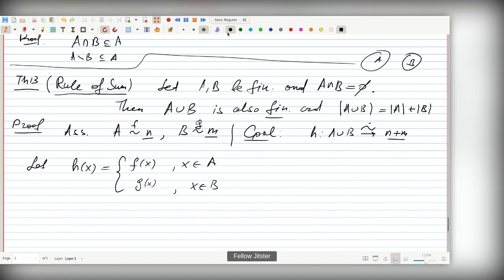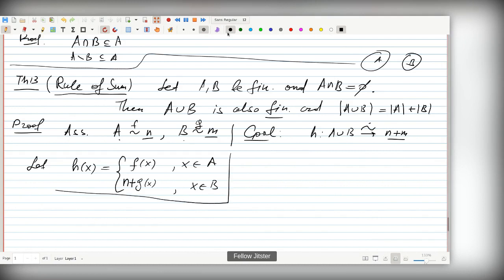No, of course not, because in both A and B, we have an element corresponding to 0. So this time we will obtain not an injection. But in order to make it injective, we shall just add n to this value.